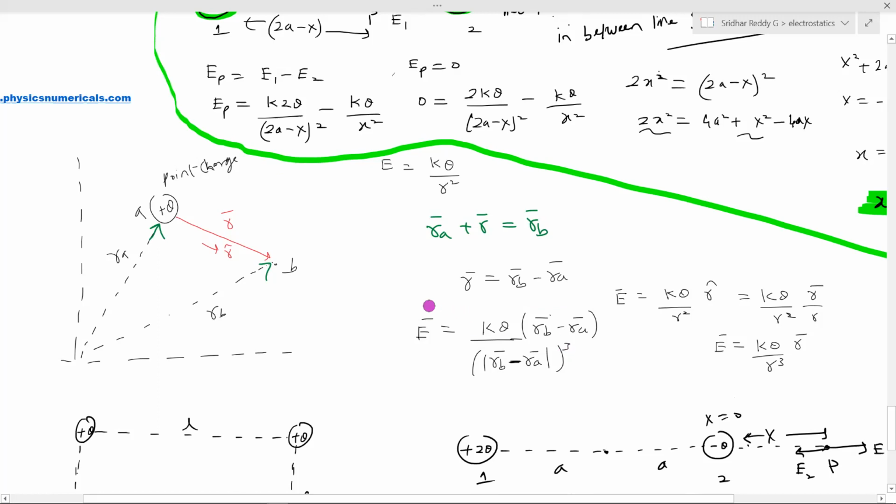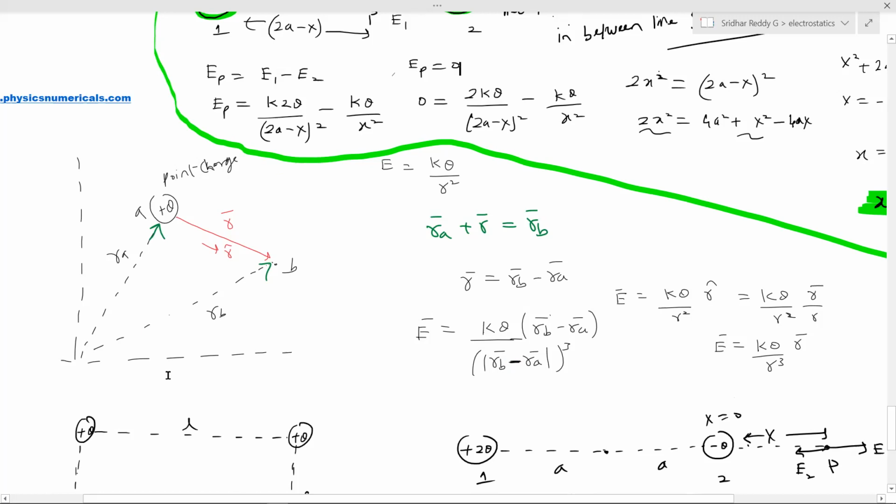So this will be the vector form of electric field due to a point charge. If a point charge Q is kept in a space with position vector RA bar, then at position vector RB bar the electric field strength is given by this particular formula. Okay, this is overall about the field due to point charges.